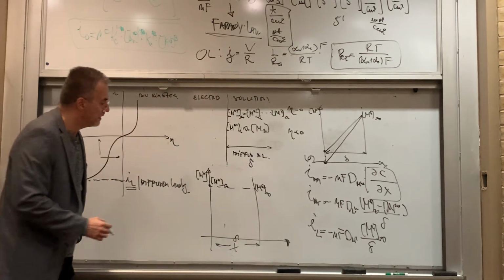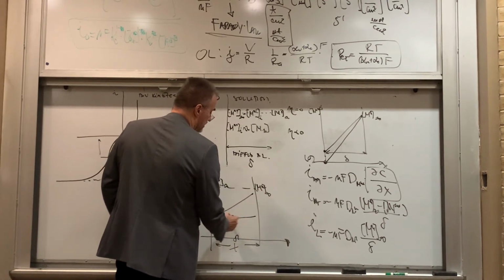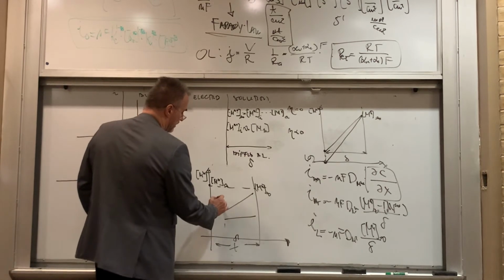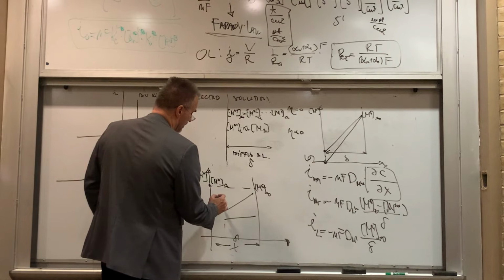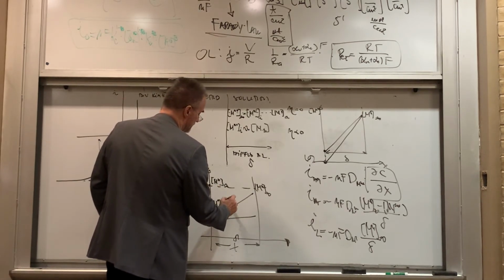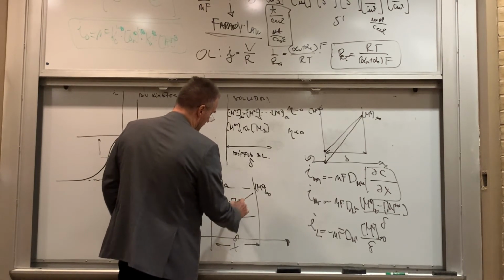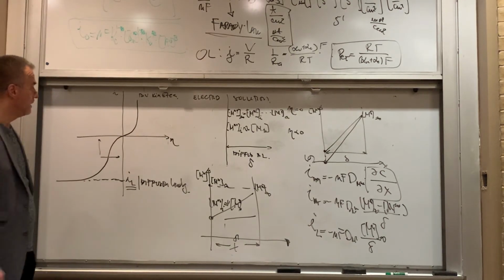But when I have some kind of overpotential, then here will be M at the interface, and this is different than the bulk, right? Basically, I'm restating this here, okay?